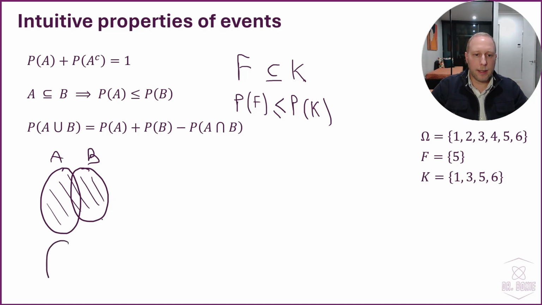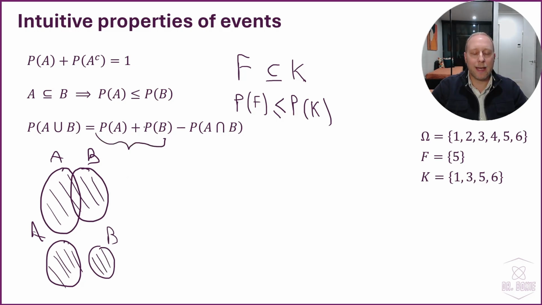Well, if we look at A alone, we have this. If we look at B alone, we have that here. And notice that what I'm doing when I'm adding them up is adding the probability of being in either one of those two circles.